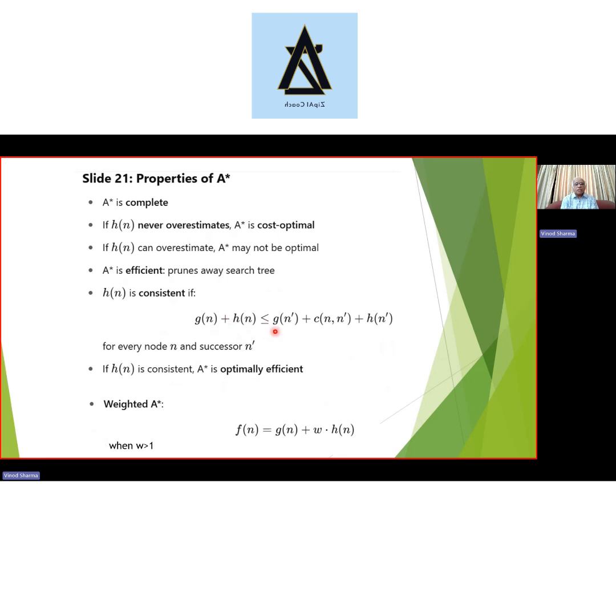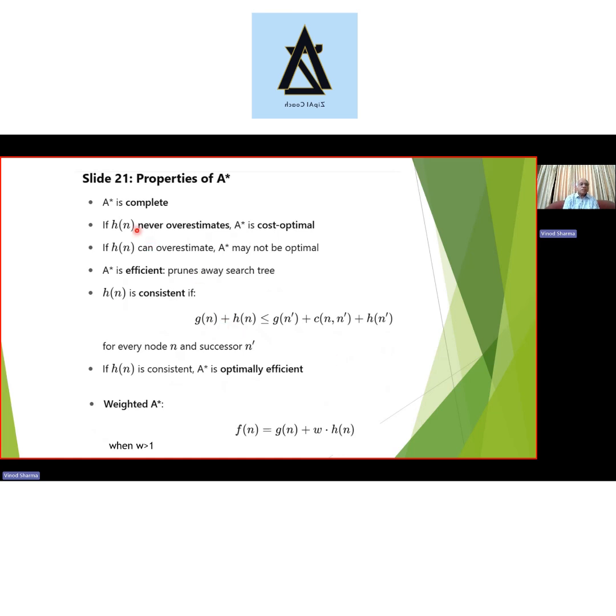If that quantity is less than or equal to Gn' plus Hn', where N' is any node which can be reached from node N in one step, the so-called successor node, and C(N, N') is the cost of the link from N to N'. If this inequality is satisfied for all nodes N and N', then the H estimate is called consistent.